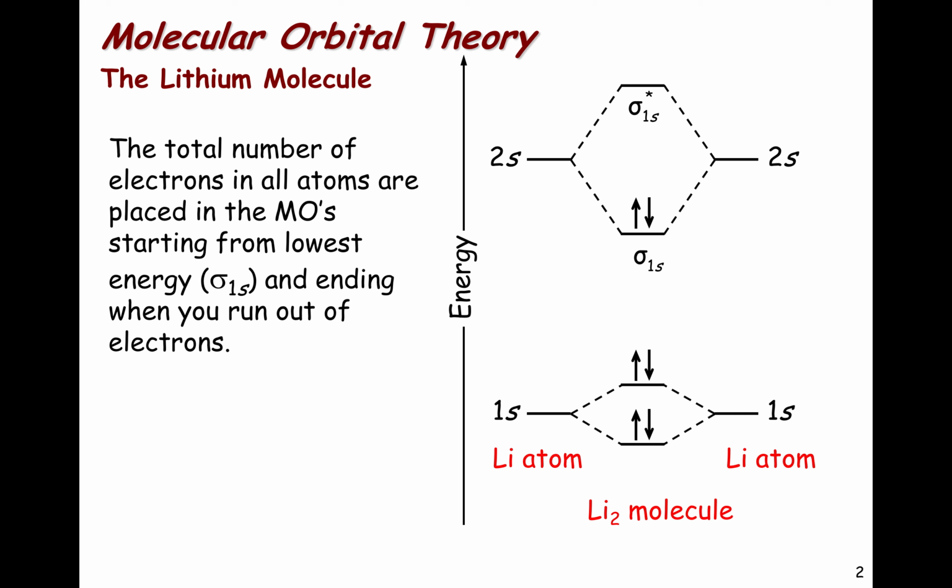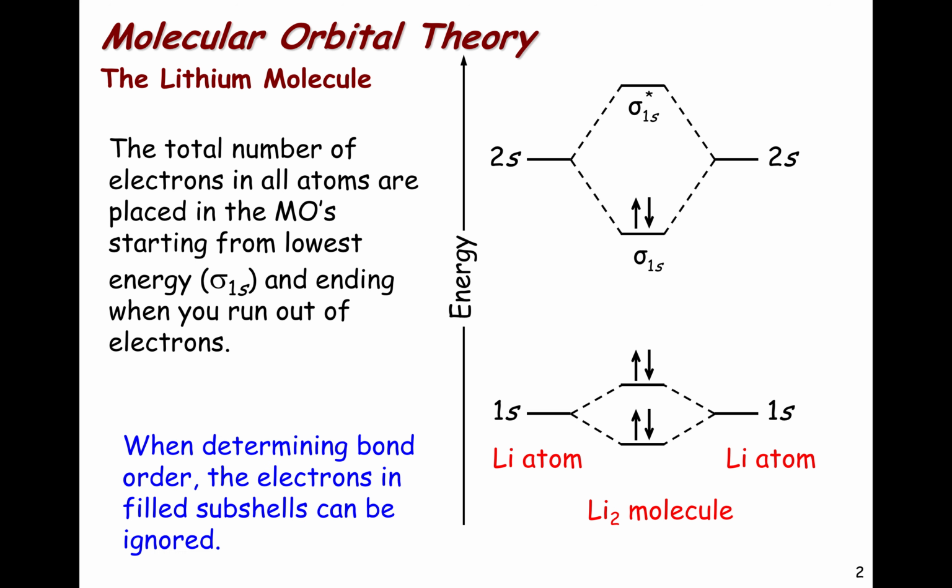In this case, we fill the sigma bonding type orbitals, and that uses up all of our electrons. This produces a bond order of 1, and as a result, this is predicted to be a relatively stable species.